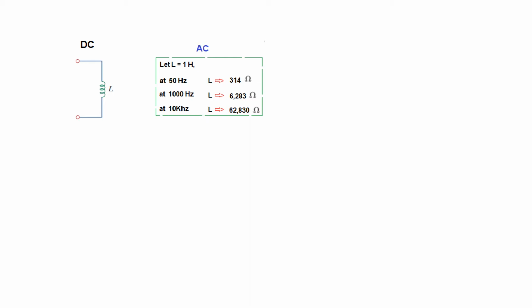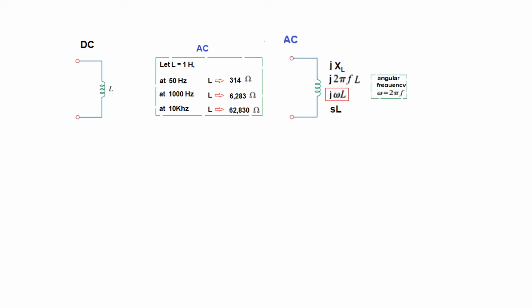And at 10 kilohertz, the same inductor of 1 Henry will now present a resistive value of 62830. So you can see that the impedance, or the resistive value of the inductor, is changing with the change in frequency. And therefore we have to take into account the frequency when dealing with the inductor.